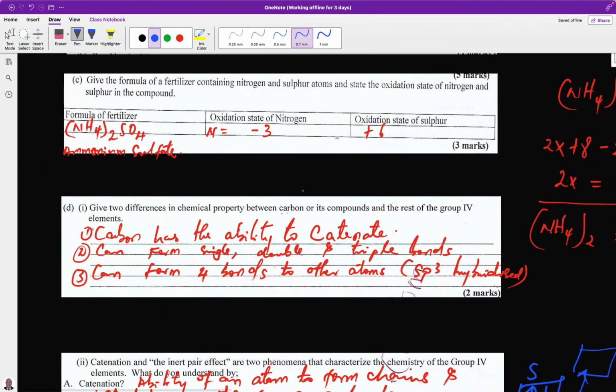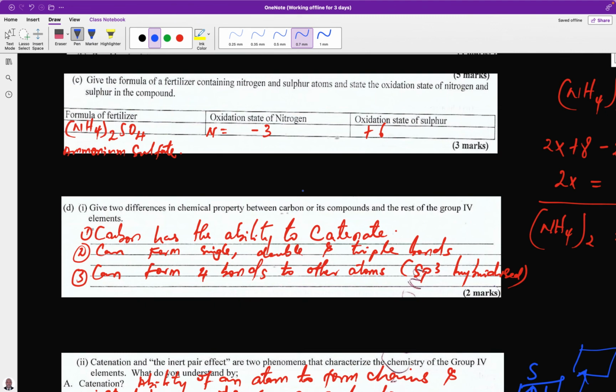Then give 2 differences in chemical property between carbon or its compound and the rest. The chemical property that has to do with reactivity, and the reactivity has to do with formation of bonds. So that's why I say carbon has the ability to catenate.